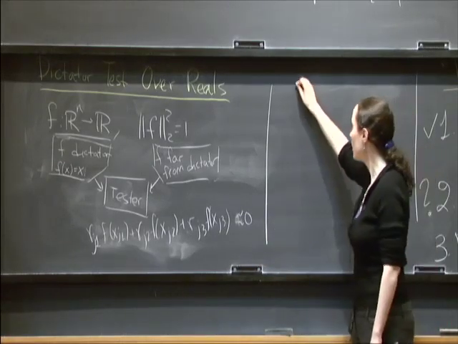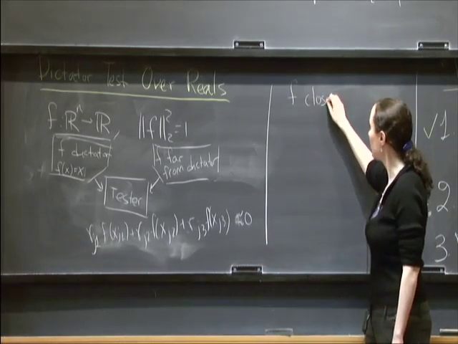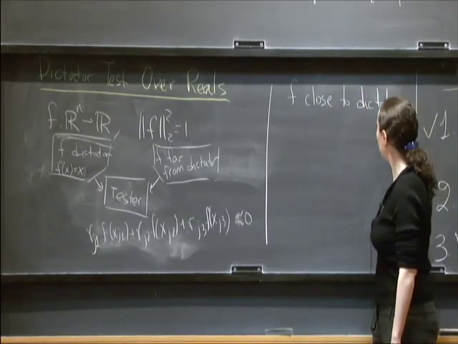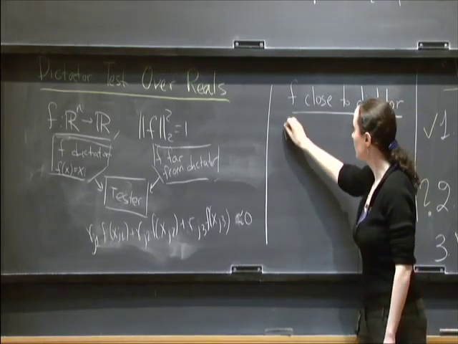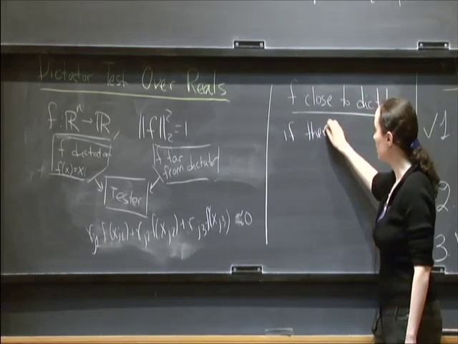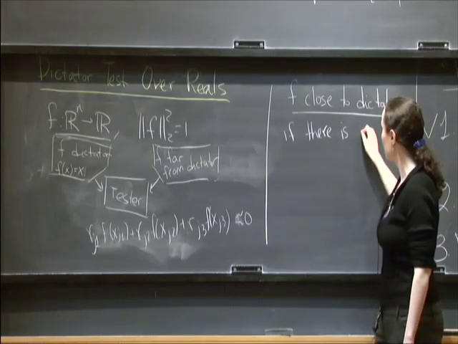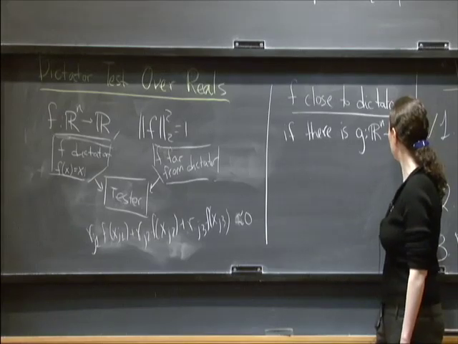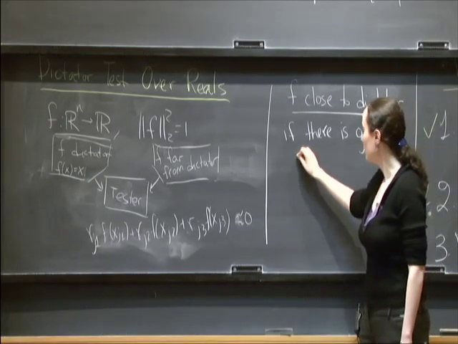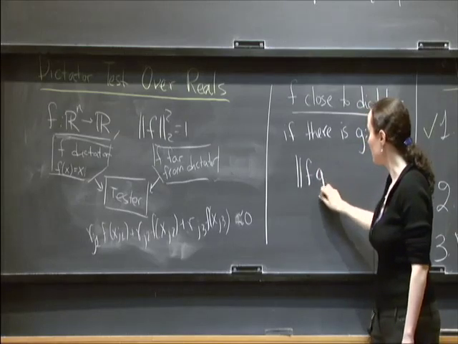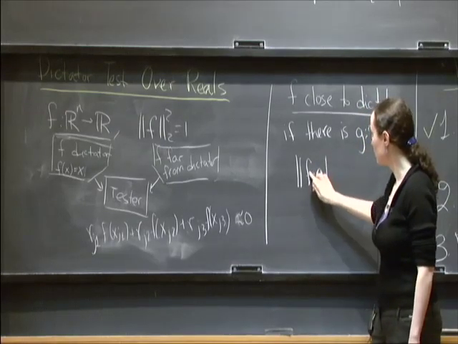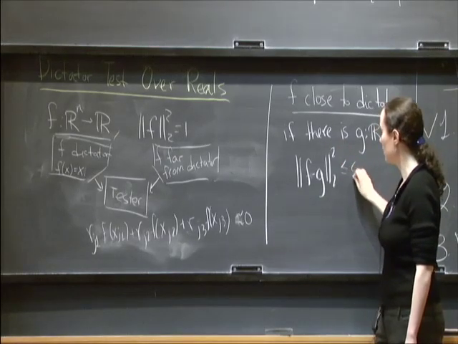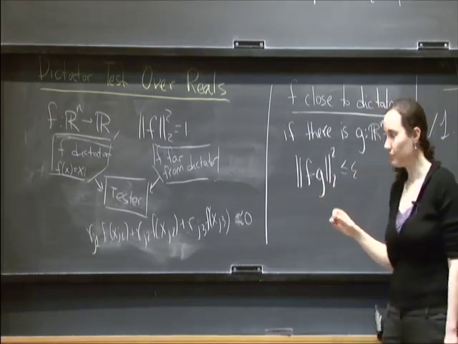So f is close to dictator if there is another function g from R^n to R, where g approximates f well in 2 norm.